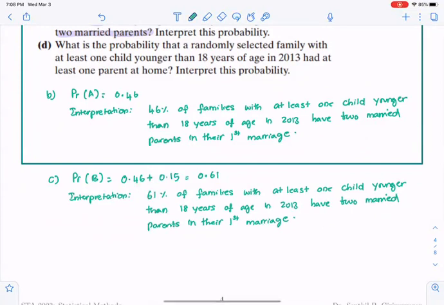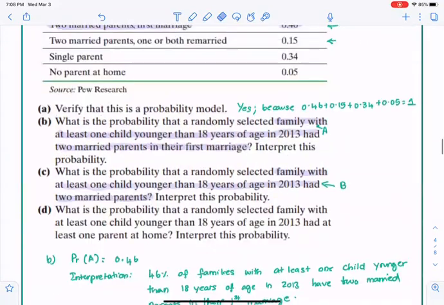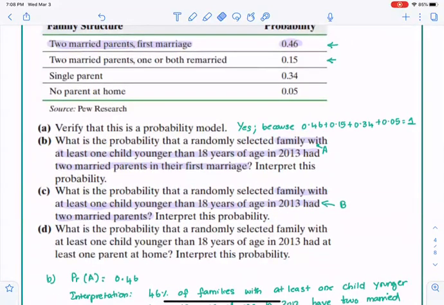So 61% of families with at least one child younger than 18 years of age in 2013 have two married parents. We don't care if it's the first marriage, it's one or both remarried, doesn't matter. Two married parents. And the first two levels with probability 0.46 and 0.15 correspond to two married parents. So we have to add them together.